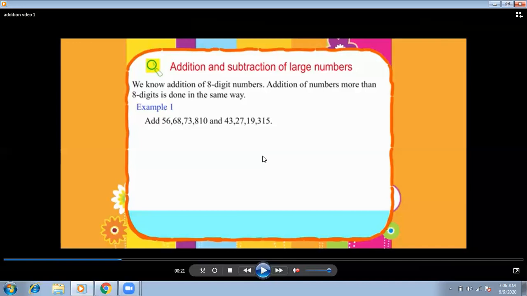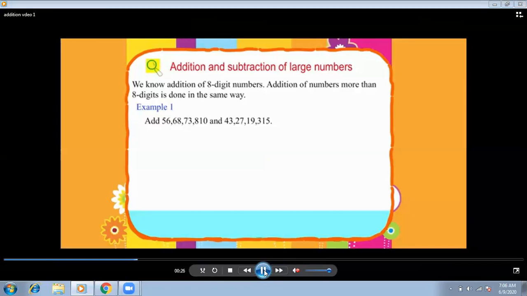It doesn't matter which number is written first. We will not follow that this number is written first, so we will write this number on the top. No, you always have to compare the numbers first and pick the bigger number, and you will write that number on the top, and then the rest of the numbers you will write below that number.